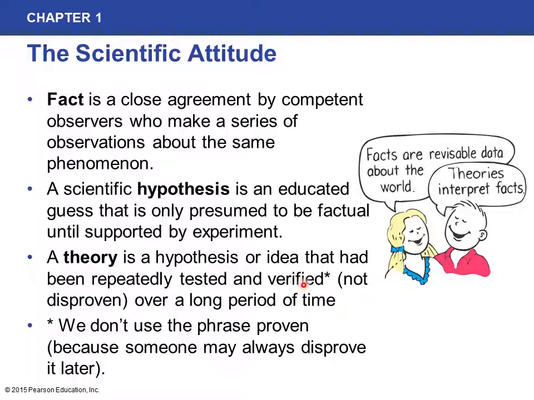So verified means the results show that it's likely that that's the right answer. But in science, we have to be willing to go back and admit error or reevaluate things if new data comes along at some point that doesn't support our ideas.